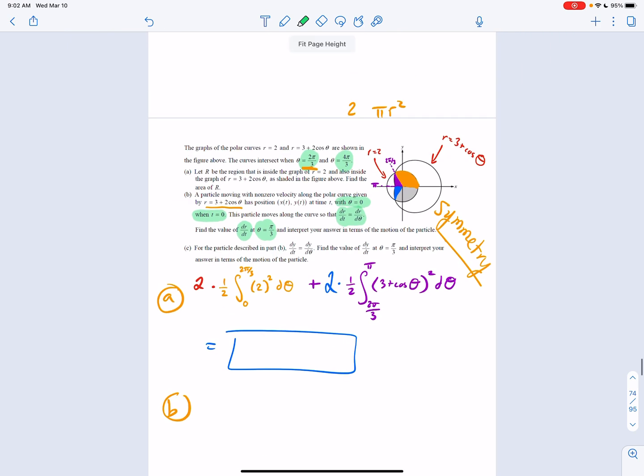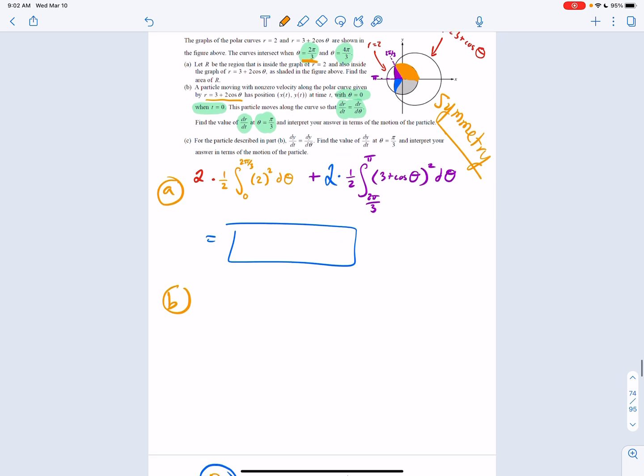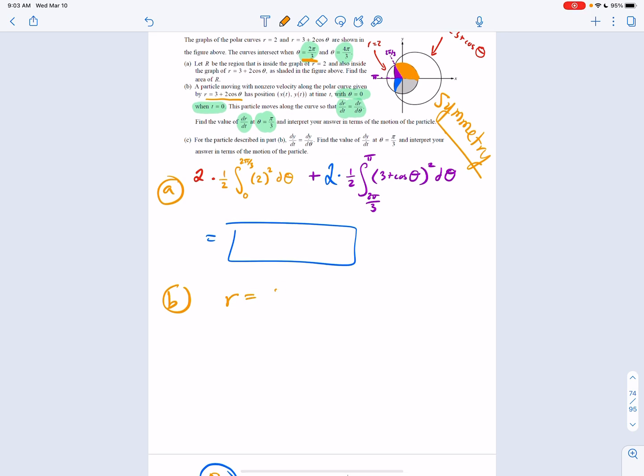So there's a lot of jargon here, okay? So here's what you do. It's very straightforward with particle motion and polar curves. You have r equals 3 plus 2 cosine theta. What you want to do is find dr, so we're going to write the differential. The differential of 3 plus 2 cosine theta here is negative 2 sine theta d theta.